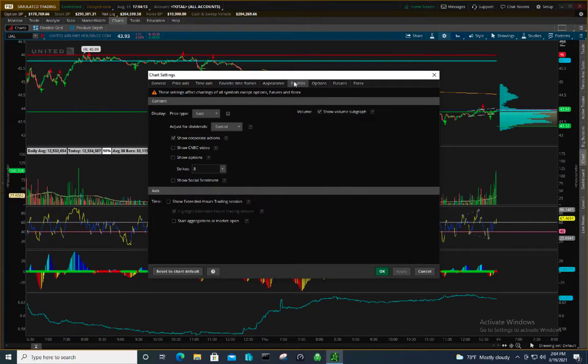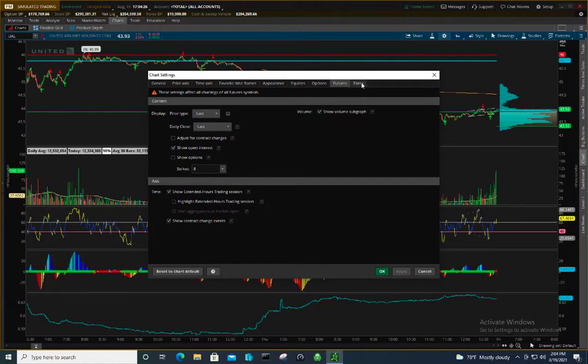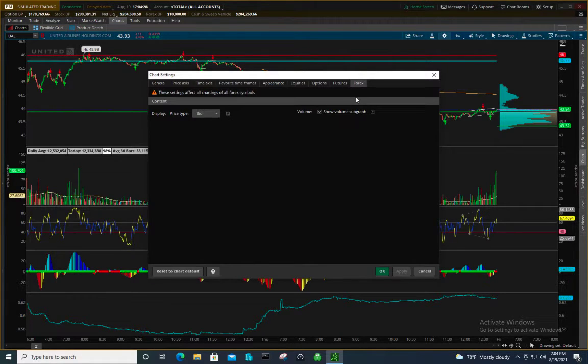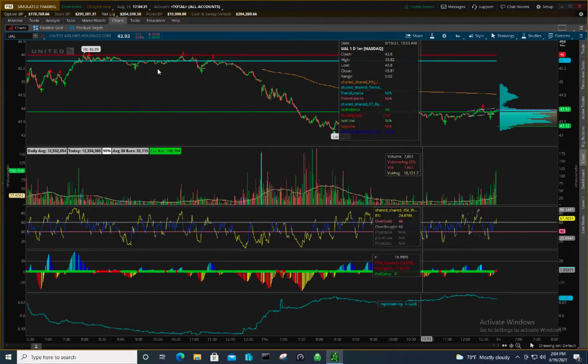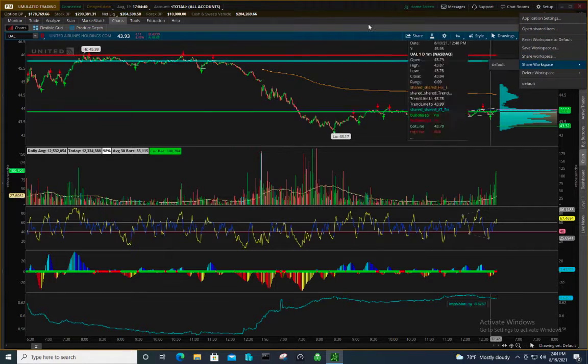Then there's appearance. For equities, I keep this checked, show volume subgraph. For options, show volume subgraph, show Theo price, show open interest. Futures, I don't do it, so nothing there. For forex, nothing there. So once you do that, this is what your chart study should look like, and then you can save it and make it a default workplace.